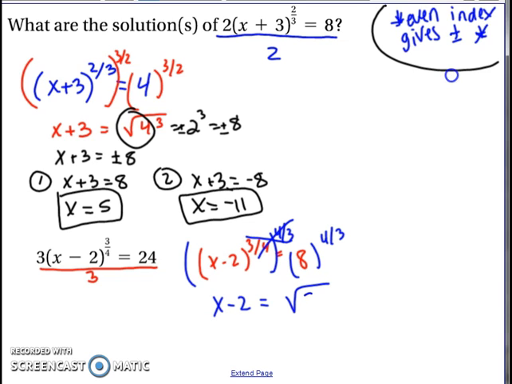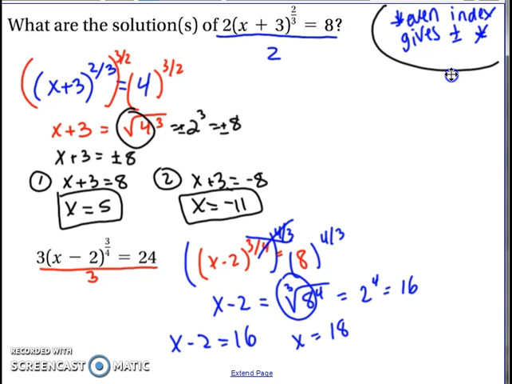And now 8 to the 4/3, we can rewrite it like this. So the cubed root of 8 is 2, and then 2 to the 4th is going to be 16. So we have x minus 2 equals 16. Add the 2 over, x equals 18.